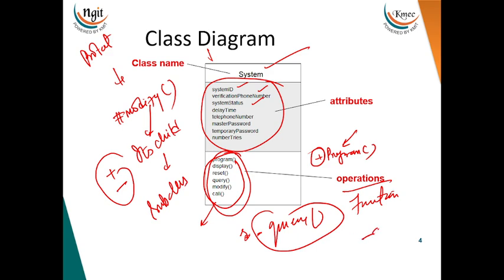Whereas if I write minus, it cannot be used by subclasses or children. If I write this hashtag, then it can be used by its children.